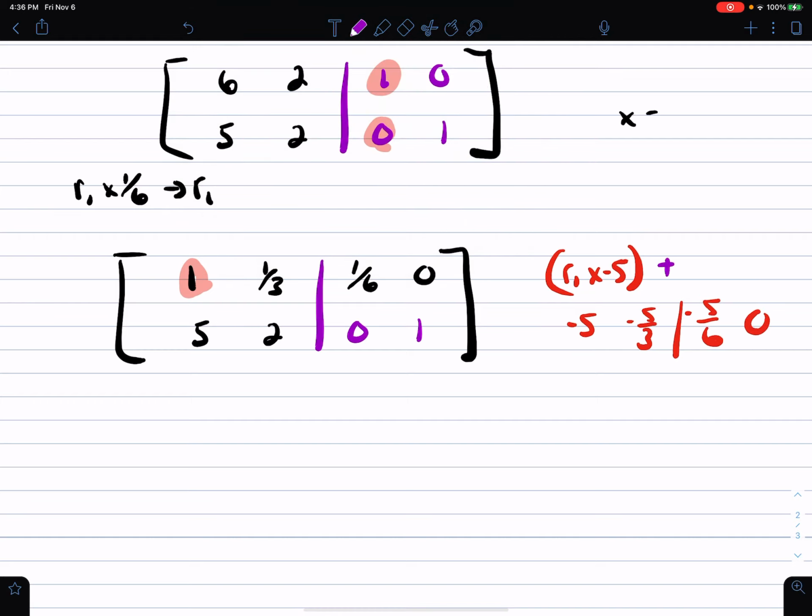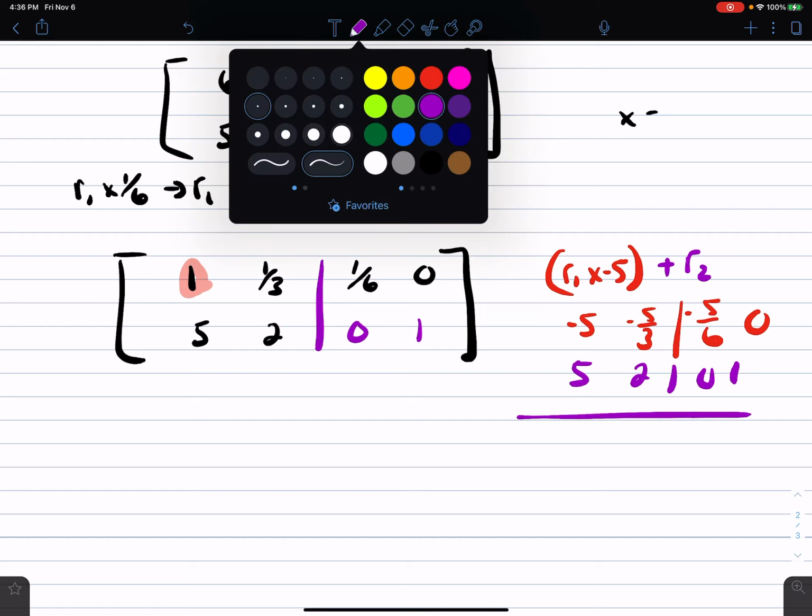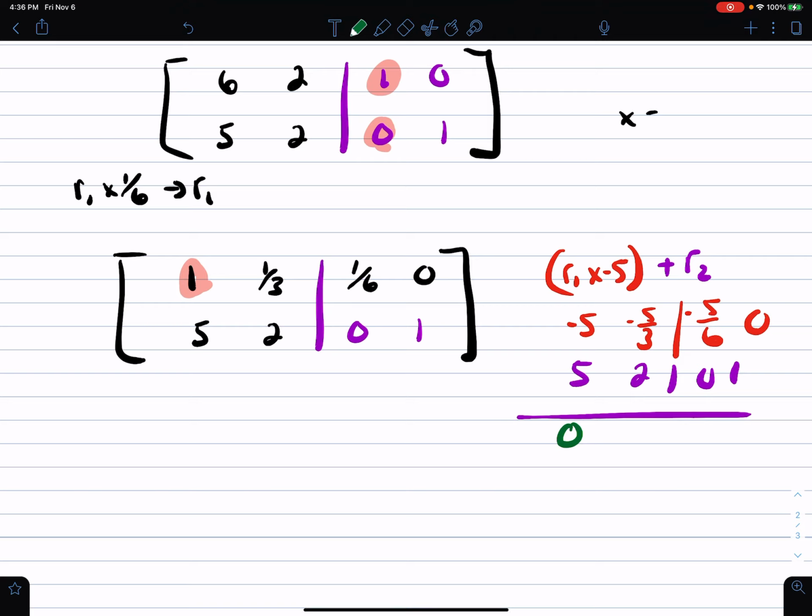Now, if I add that to the original second row, like we do in elimination, I'll add them: 5 and -5. I've already taken care of these fractions ahead of time, and you could use your calculator, but this will be 1/3, this will be -5/6, and that'll be 1.